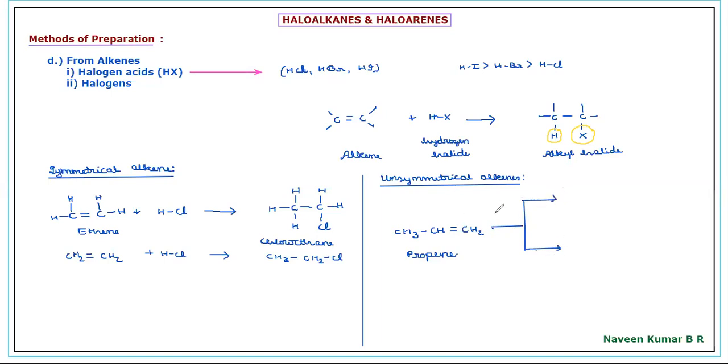added with hydrogen bromide as a halogen acid, we are going to see the formation of products in two ways. Two types of products are expected. Now in the first case, in the above structure, we'll try to identify, it is CH3.